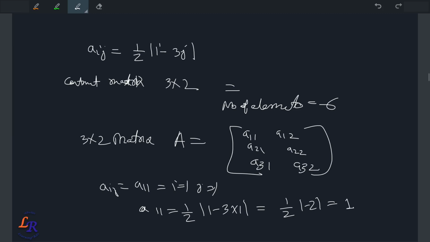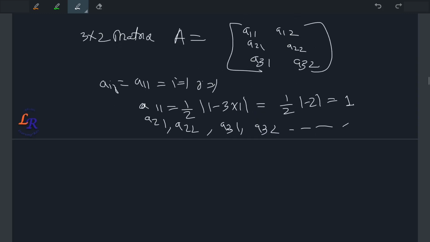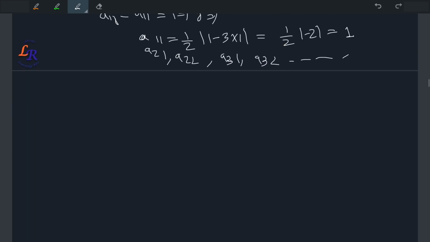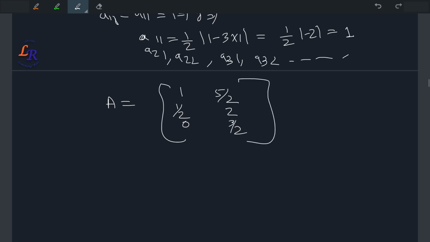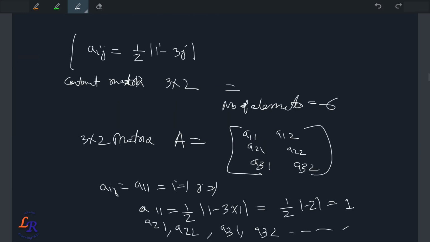Similarly, you solve for A21, A22, A31, A32, and fill in all the values in this matrix. Then the final matrix would be A is equal to 1, 5 by 2, 1 by 2, 2, 0, 3 by 2. So this is how you can construct a matrix when you are given what the element looks like. This is a very general term.